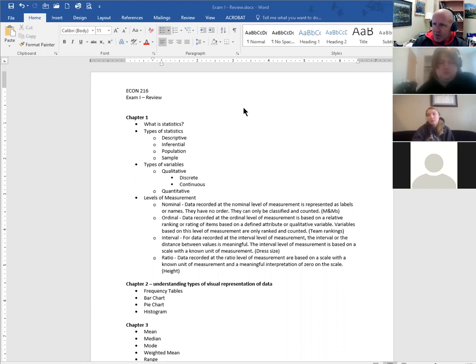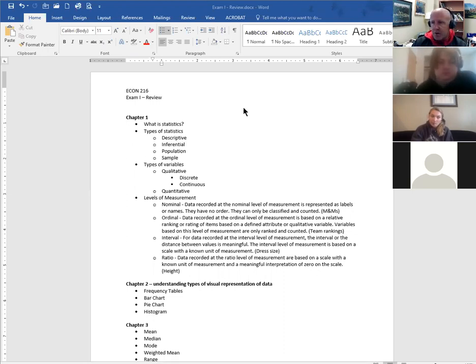So different types of statistics that we've talked about over chapter 1: descriptive, right? And simply describing data, versus the inferential side of things, where we're trying to make inferences or make decisions, or we're looking at making broader decisions over what we're talking about. So those things are important distinctions. Again, much of what we see related to COVID today is what we would call descriptive statistics: number of cases, number of positive tests, number of negative tests, number of deaths, et cetera.